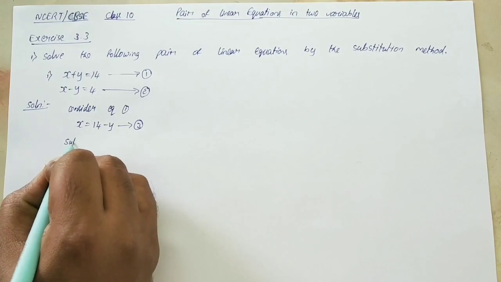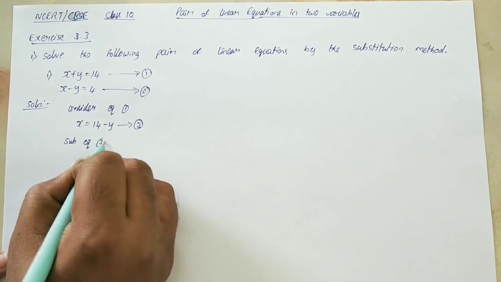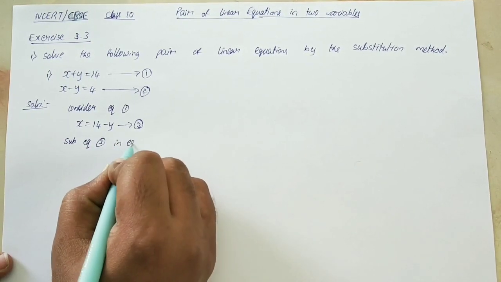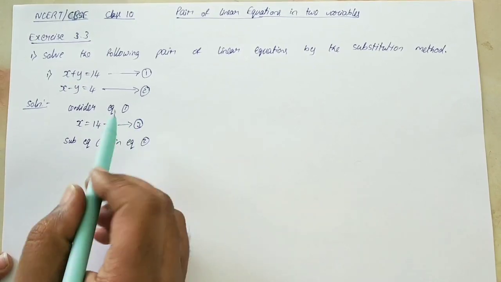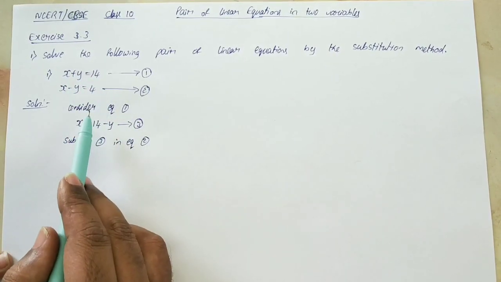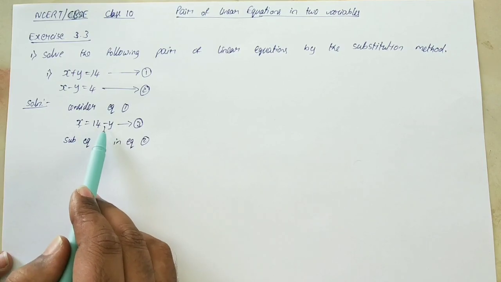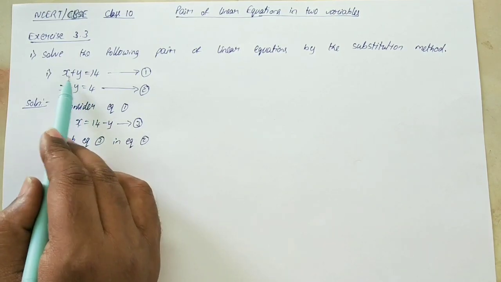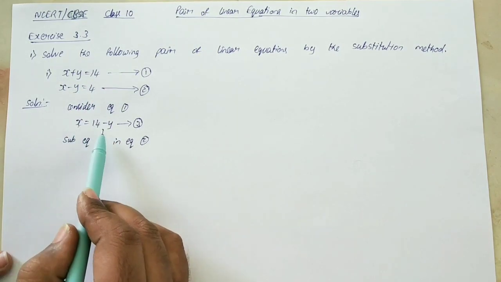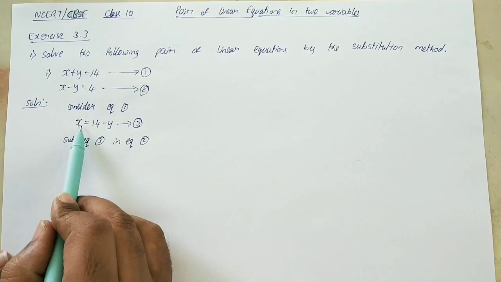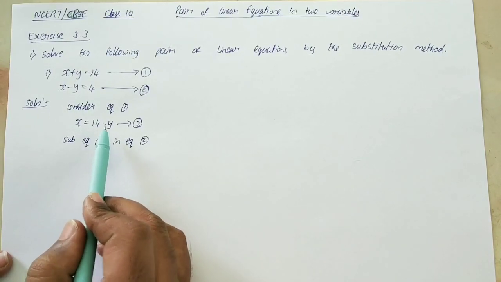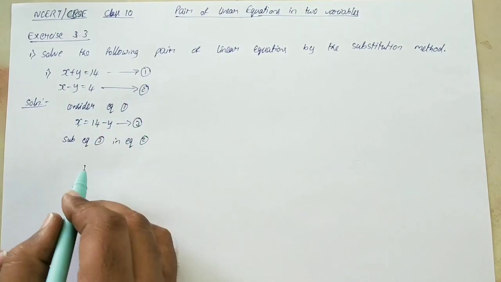Now I will substitute equation 3 in equation 2. Since we took equation 1 and wrote it in terms of x, I will substitute x is equal to 14 minus y in equation 2.